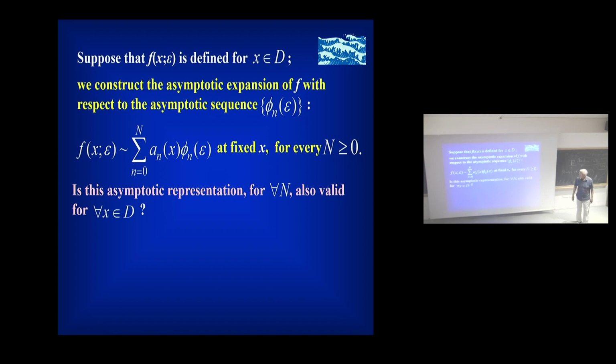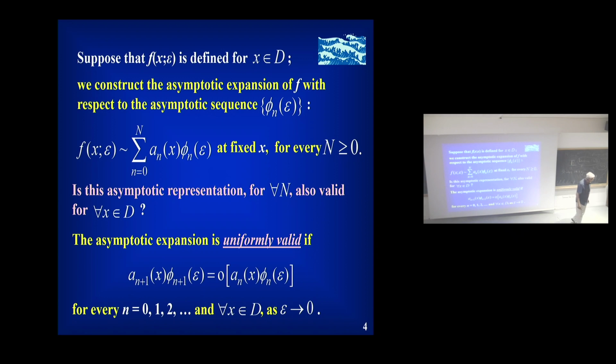Okay. So the question we now ask is: is the asymptotic representation valid for all x's in the domain? That is the crucial question we have to ask in this way of thinking about the construction of the solution.